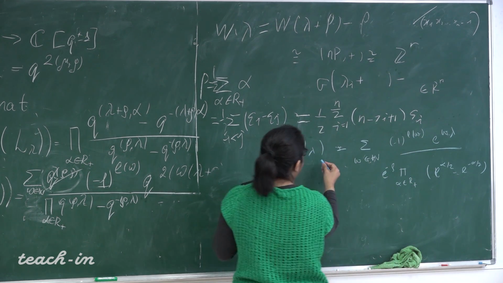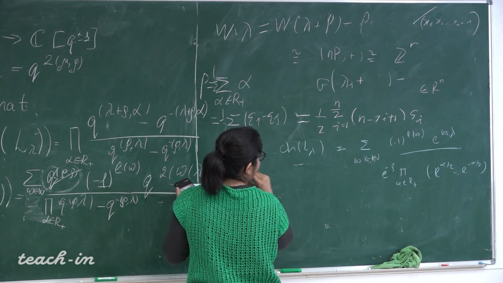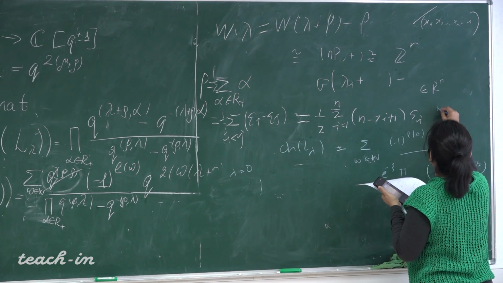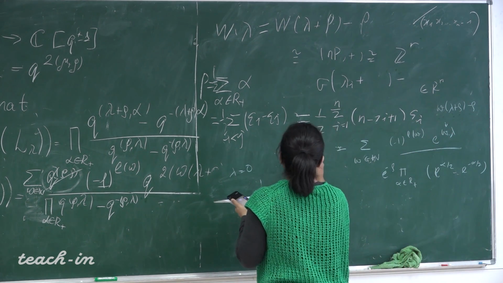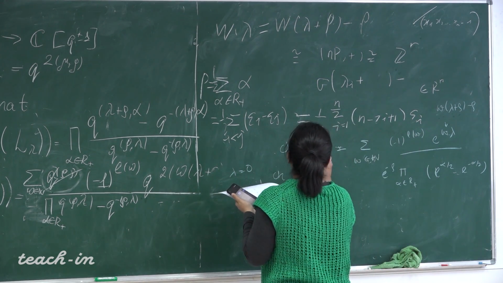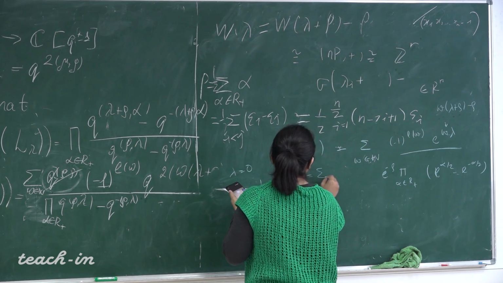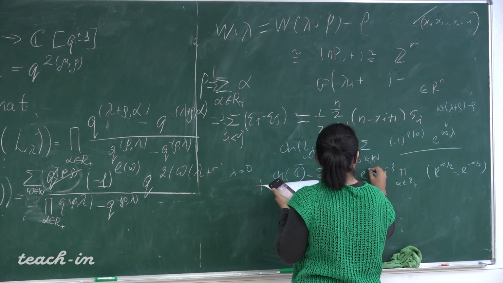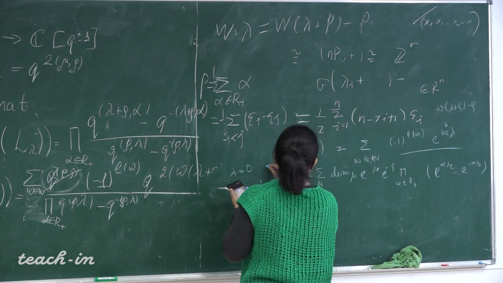Now I can take lambda to be 0. I just want to check what happens then. This becomes w lambda plus rho minus rho, and the character. When lambda is 0, L lambda is just the trivial representation, which is just C, and the character of C in general is the sum over mu of dimension mu times e to the power mu.